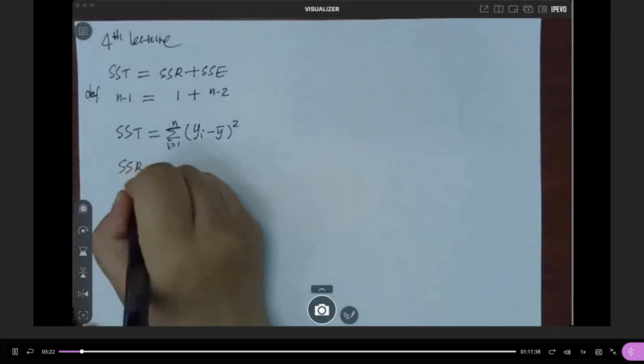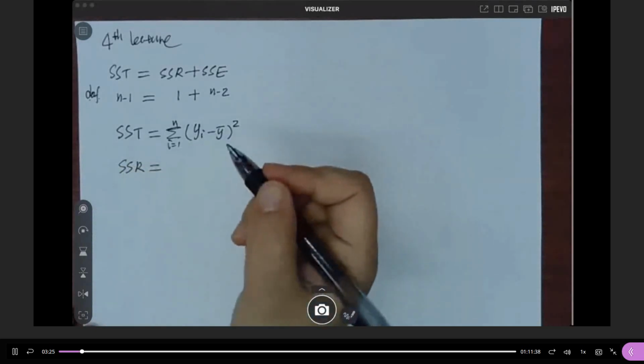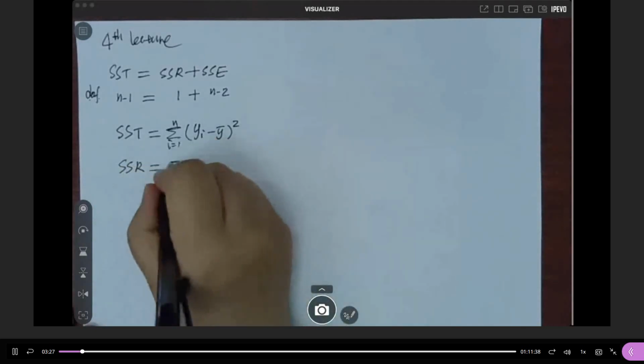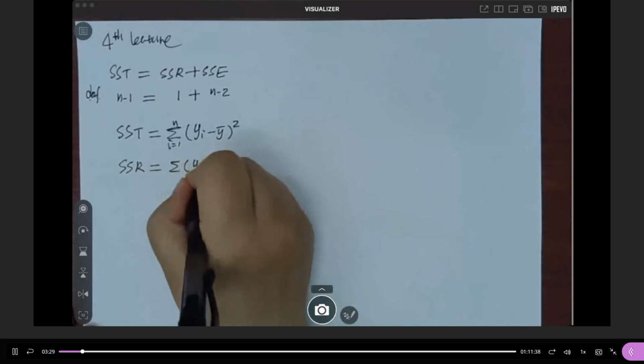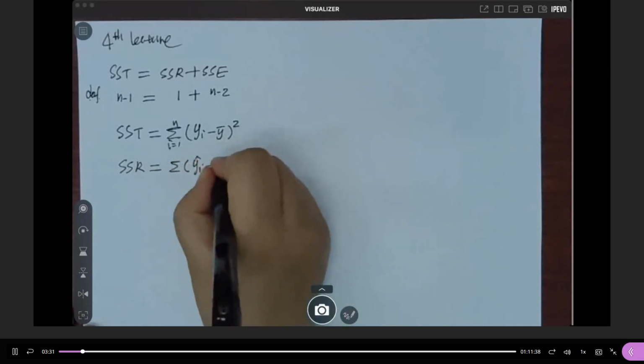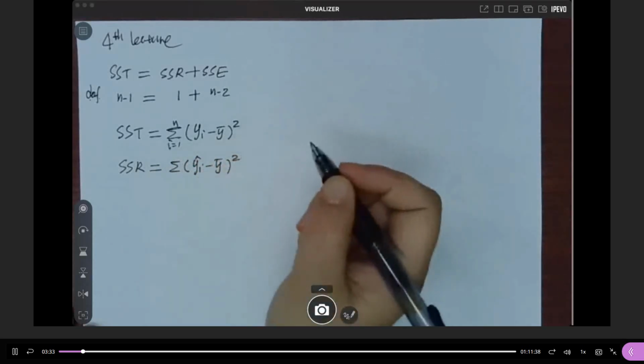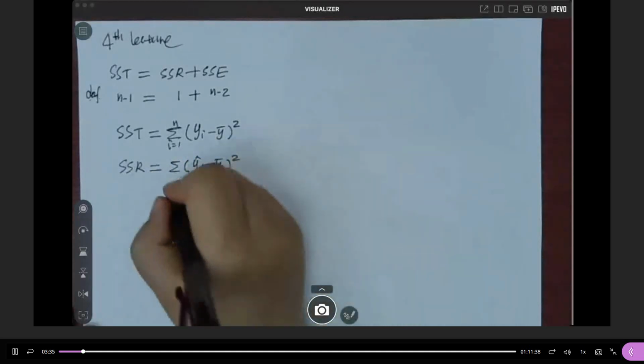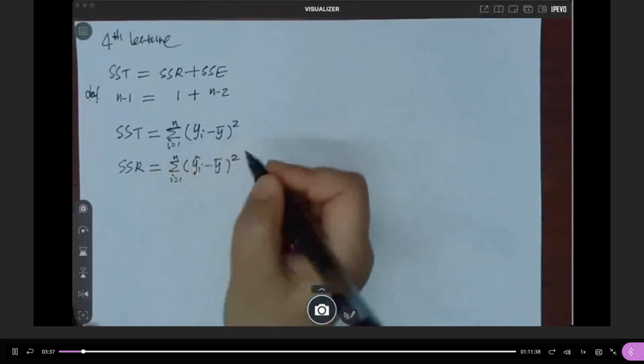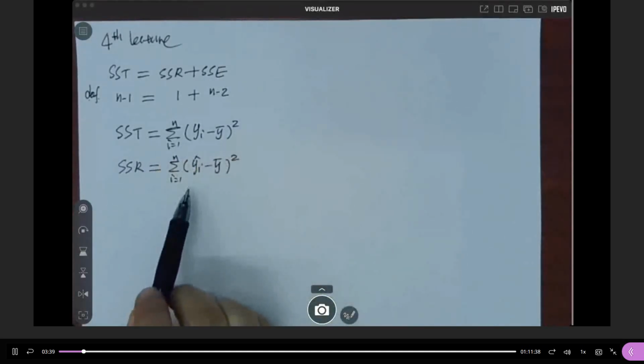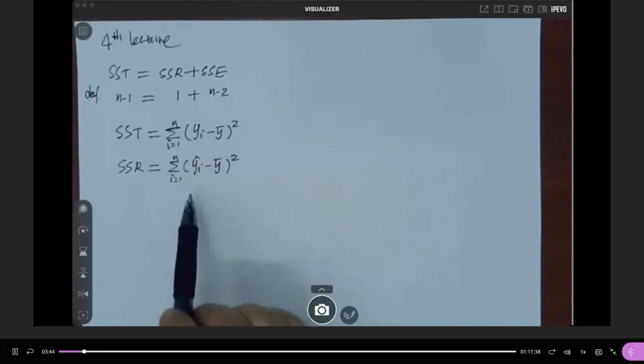Now, SSR, how come it has 1 degree of freedom? SSR is the summation of yi hat minus y bar squared, i goes from 1 to n. How come this one does not have n-1? The previous one has n-1. The structure looks very similar. How come this one only has 1 degree of freedom?